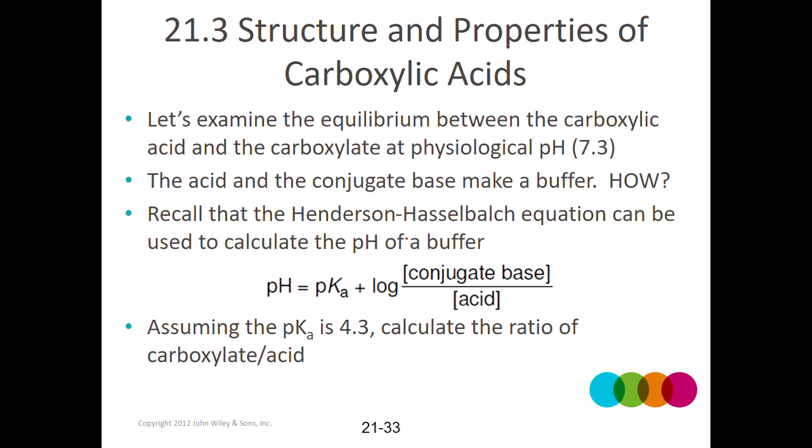Let's take a look at what state carboxylic acids exist in at physiological pH. So inside a living organism, depending on the tissue, the pH can vary, but physiological pH inside cells and your blood is generally pretty close to 7, right around 7.3.